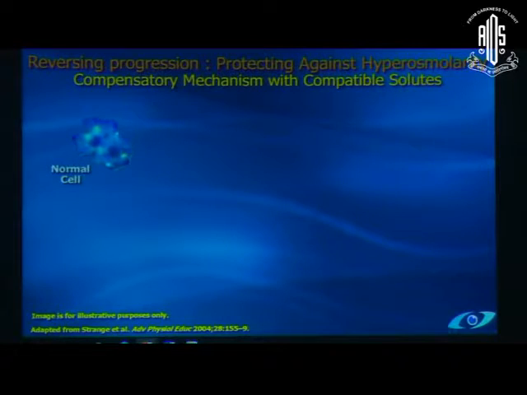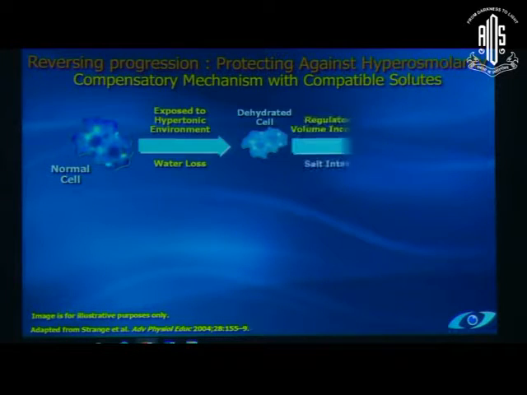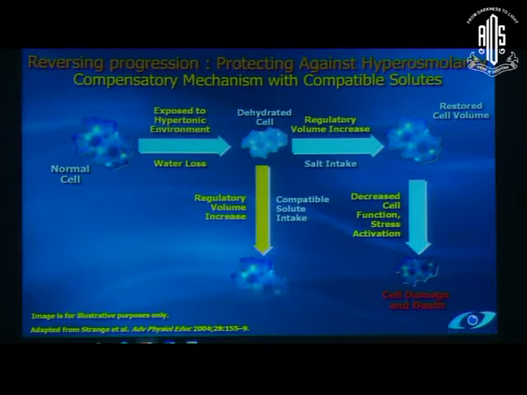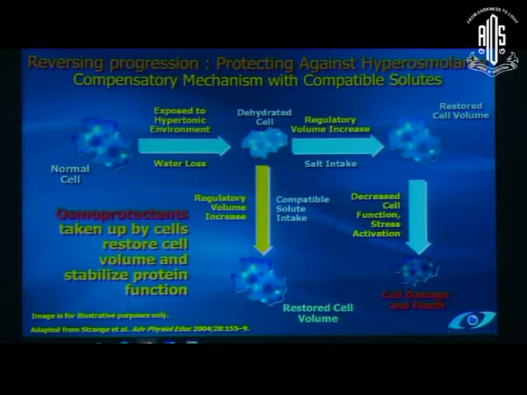So if we go back to the same animation that I showed you earlier, the dehydrated cell had regulatory volume increase and salt intake, which caused cell damage and death. But what is an alternative that is available to it is a regulatory volume increase with compatible solutes, which restores the cell volume without interfering in the cell metabolism. And this is what is called osmoprotection.